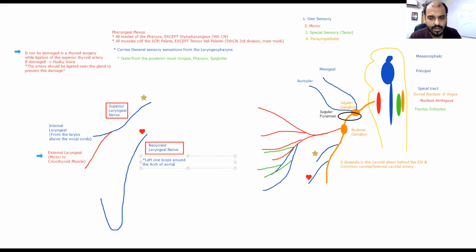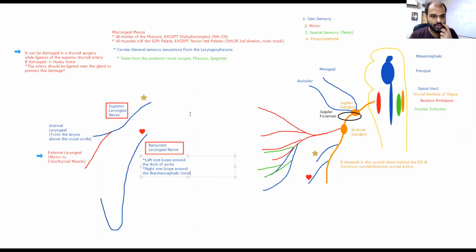You do not know it? That's bad. The right one loops around the brachiocephalic trunk, and it comes back. It moves down, it loops around and comes back.